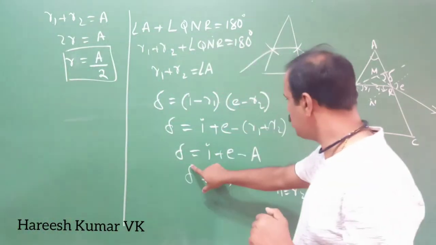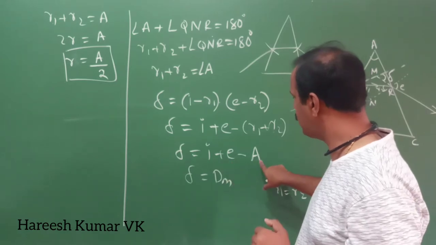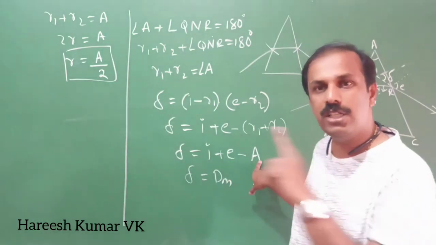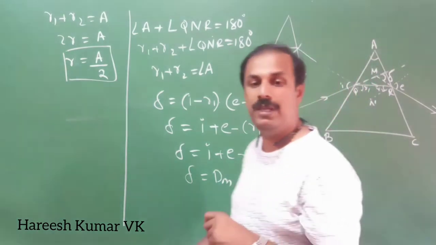Similarly, if you take this equation, delta is equal to I plus E minus A, and you can see in this particular case at minimum deviation, I and E will be the same.